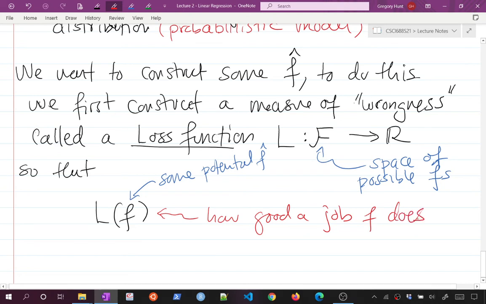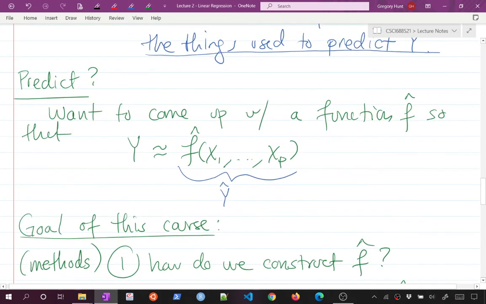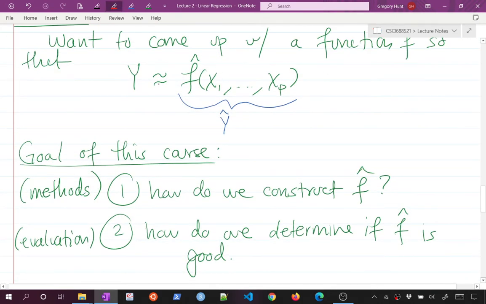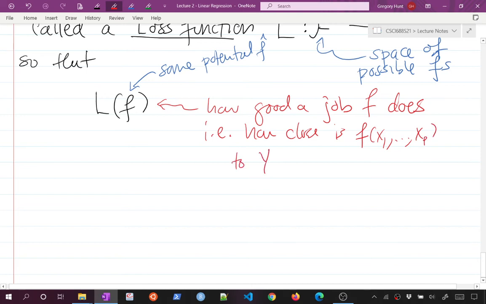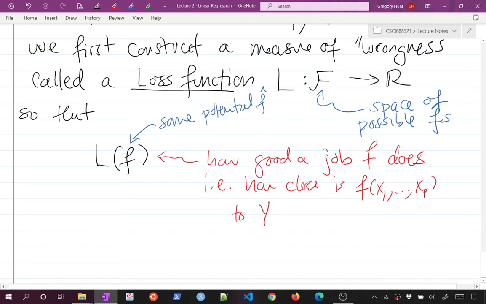Among all possible functions in my space, script F, for each of these, how good does it do at reconstructing y from x? Basically, how close is f of my covariates to what I want to predict? We'll see one of those examples today.